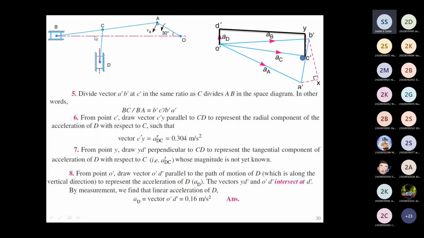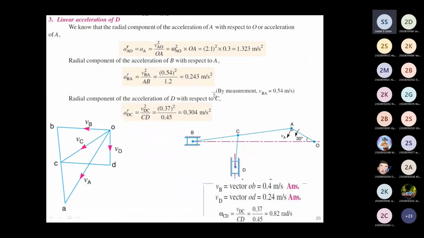Now we are talking about CD. To draw the acceleration of the CD link, we have to start with the radial part of CD. We know that the radial part of CD is 0.304 meter per second square, and it is parallel to the space diagram.